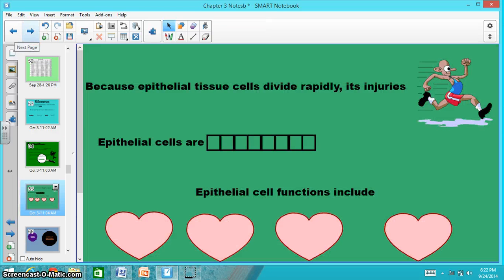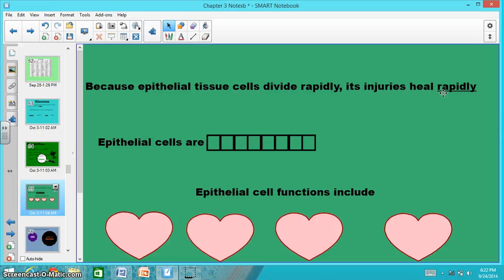Because epithelial tissues are in places that can be damaged easily, its cells are capable of dividing rapidly, and because its cells divide rapidly, those injuries tend to heal rapidly, a lot more quickly than, say, a broken bone or a torn muscle.